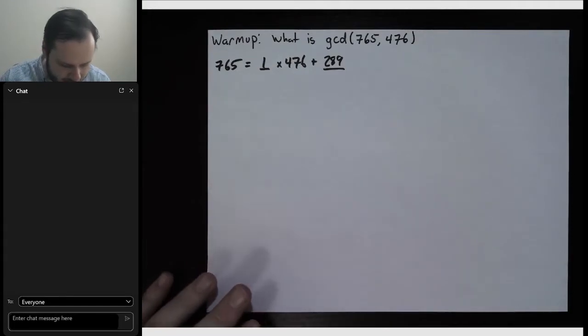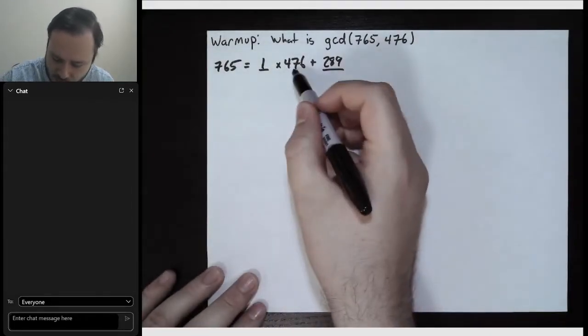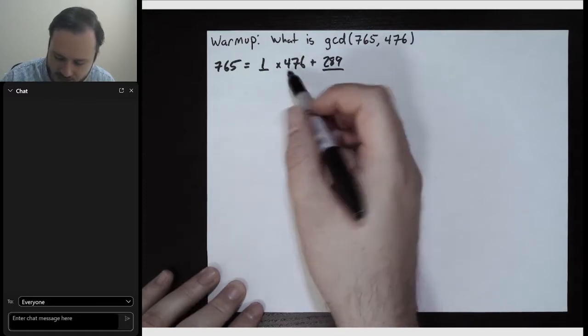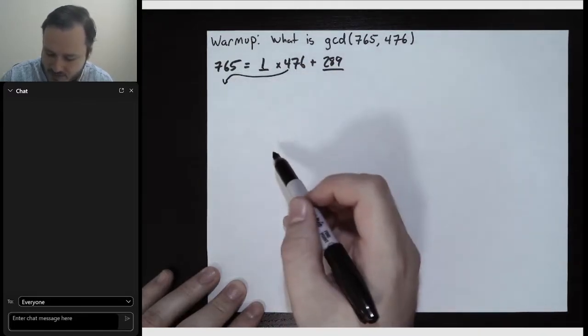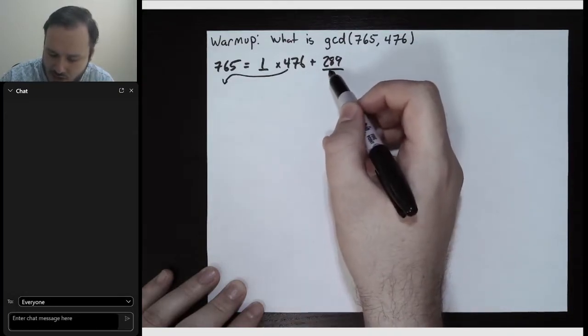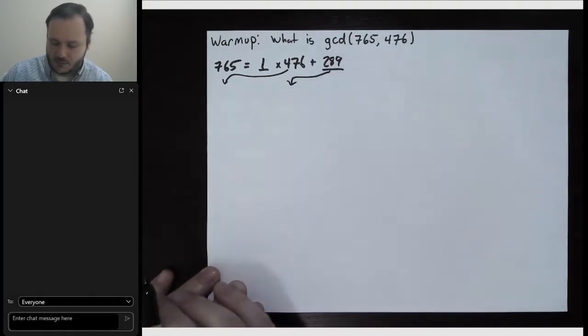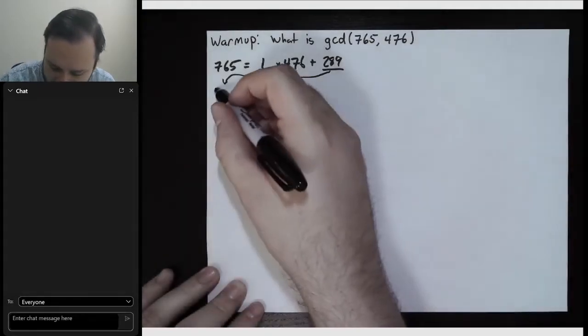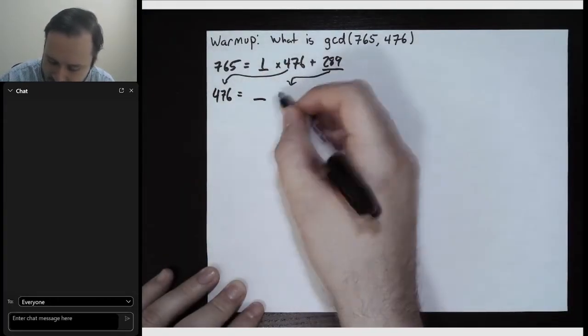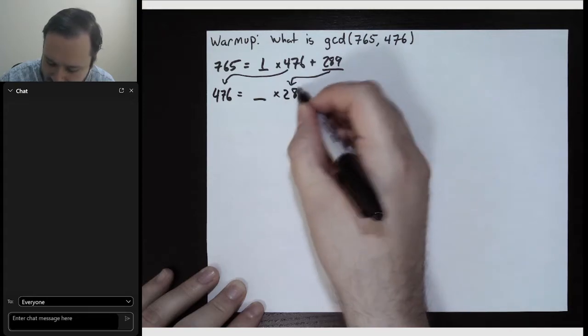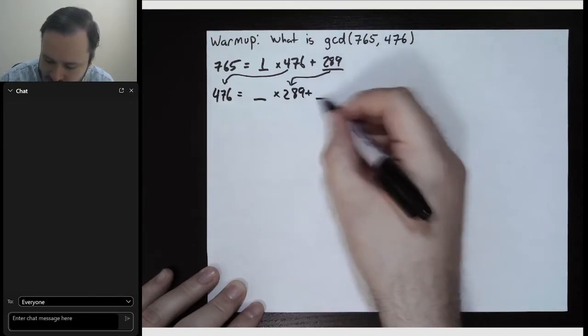And then my next step is whatever was my last thing that I was dividing by becomes my new left side. And whatever my remainder was is now what I want to divide by. So I've got 476 is something times 289 plus something.